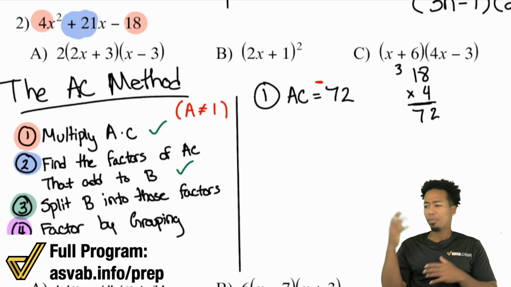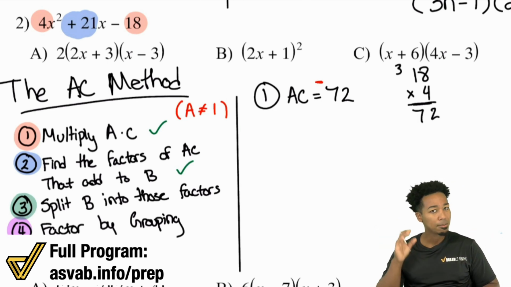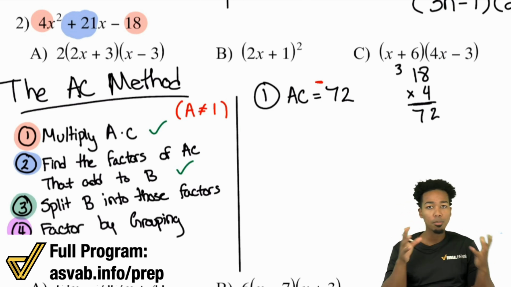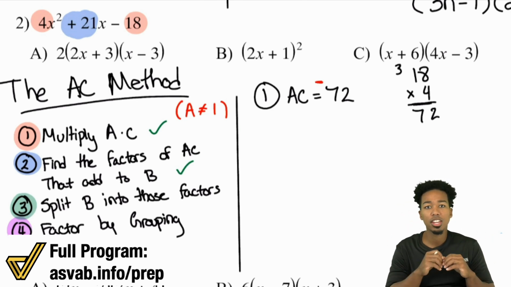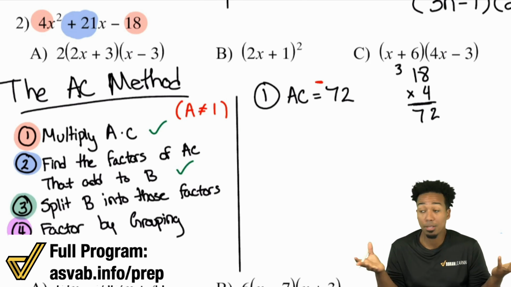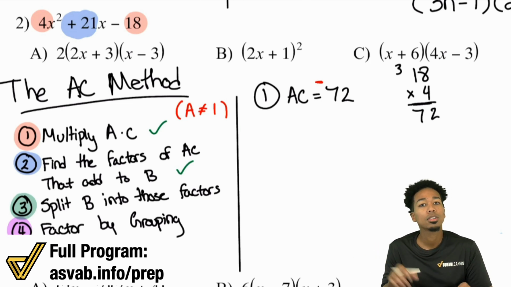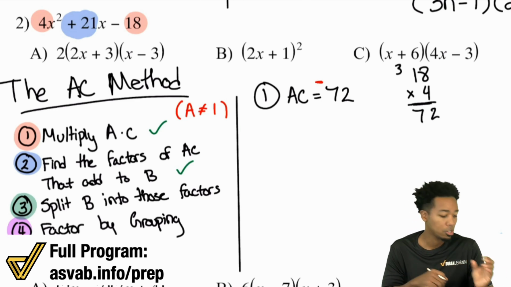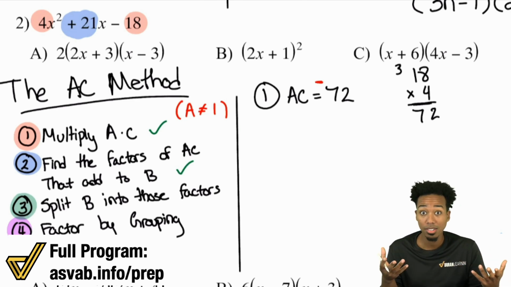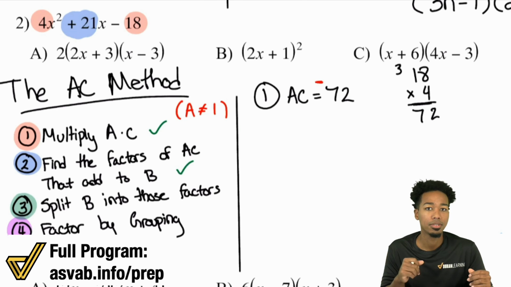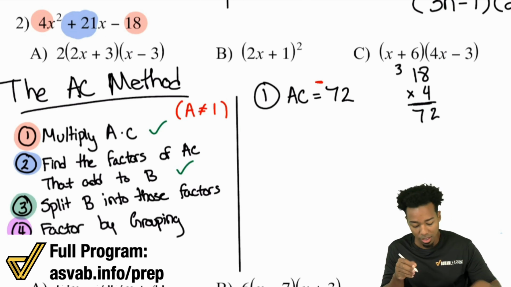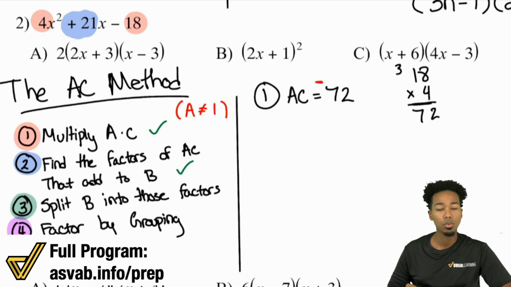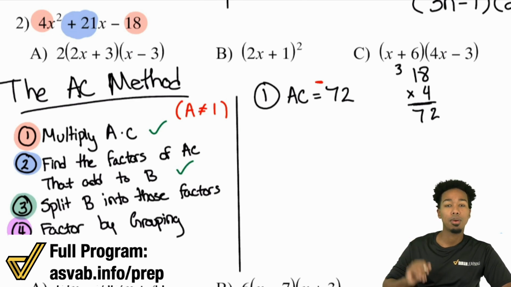So when you're adding a positive number and a negative number to get a positive 21, which number has to be the bigger one, the positive one or the negative? The positive has to be the bigger number, because a positive number added with a smaller negative stays positive. So you know that when you find the factor pair here, the difference has to be 21. When you subtract them, it has to be 21. And the bigger number is the positive one.